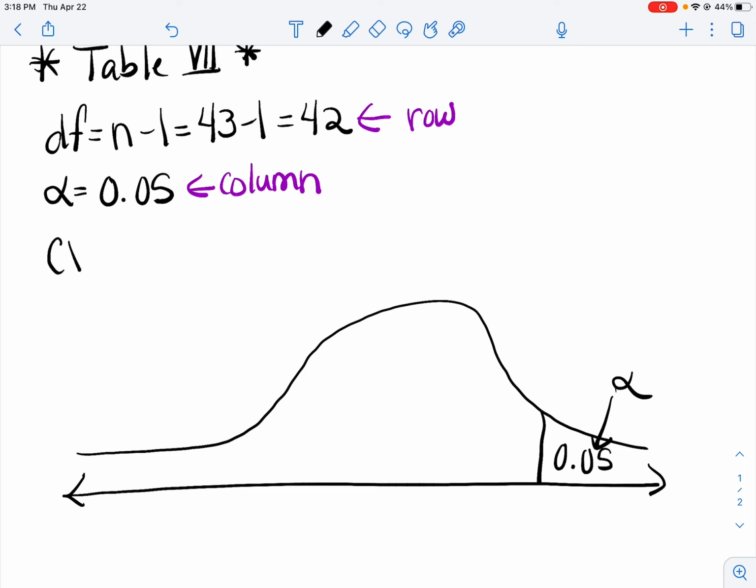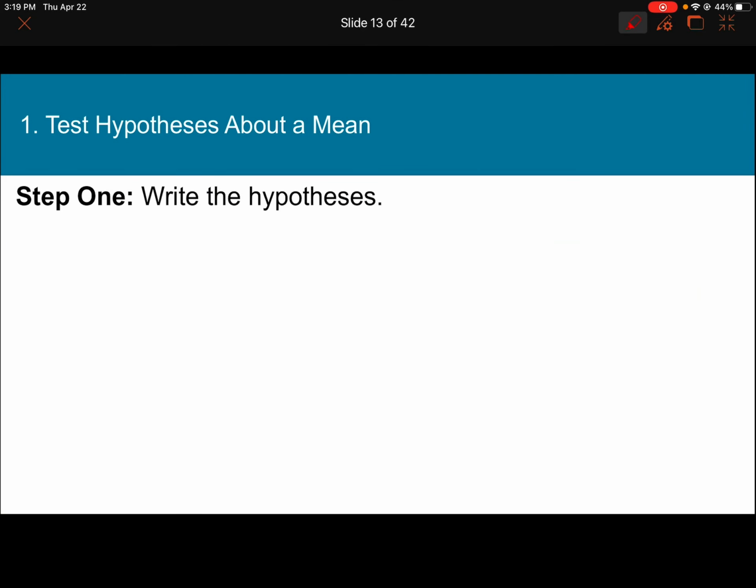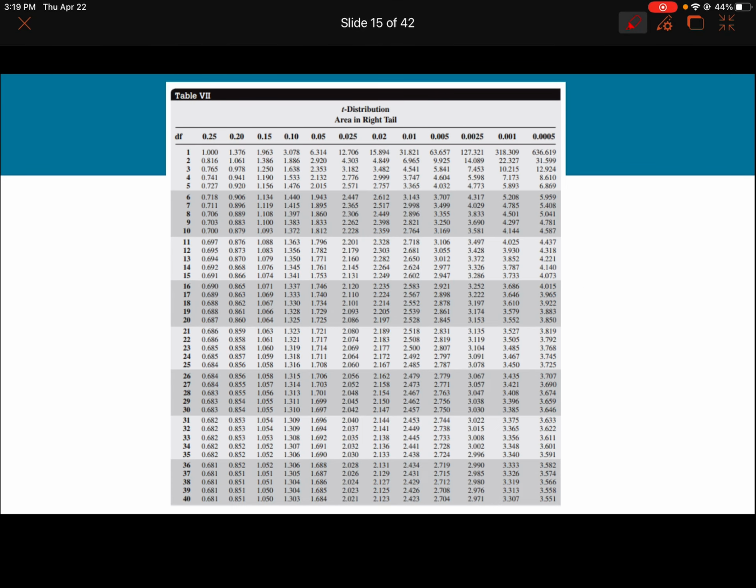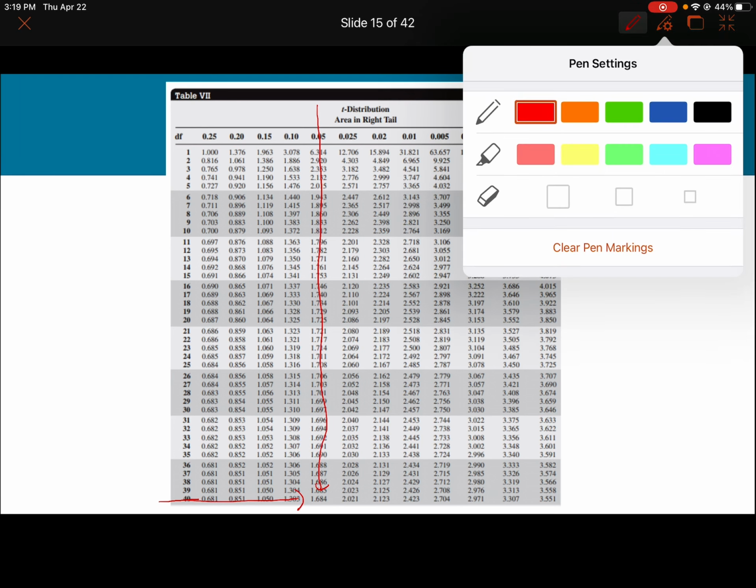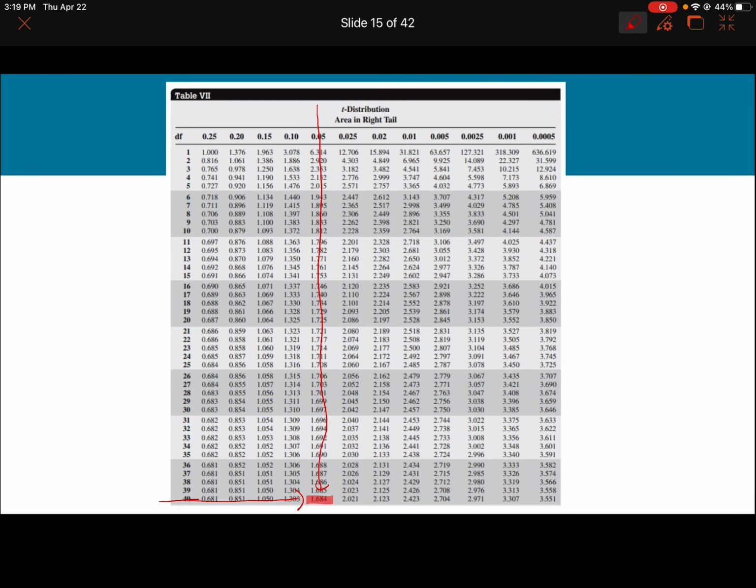Now the critical value I'm going to abbreviate as CV. So let's turn to table 7 and look at the row and the column to get our critical value. We don't have the number 42 on our table, so we choose the number closest to it, and that would be 40. Our alpha here is 0.05, that's our column. And you'll notice here that our critical value will be 1.684.